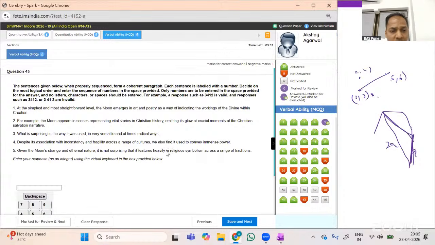Its ethereal nature is not surprising, that it features... One and two is a clear connection.